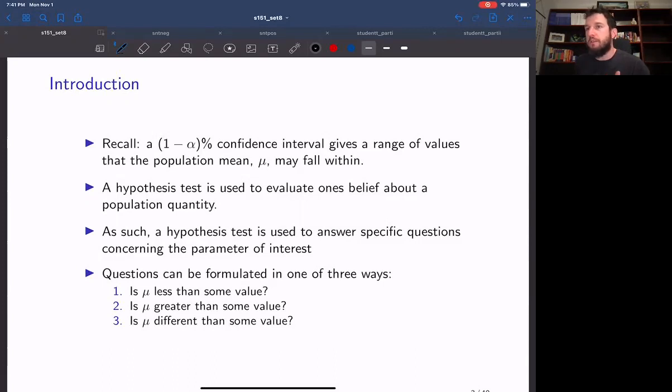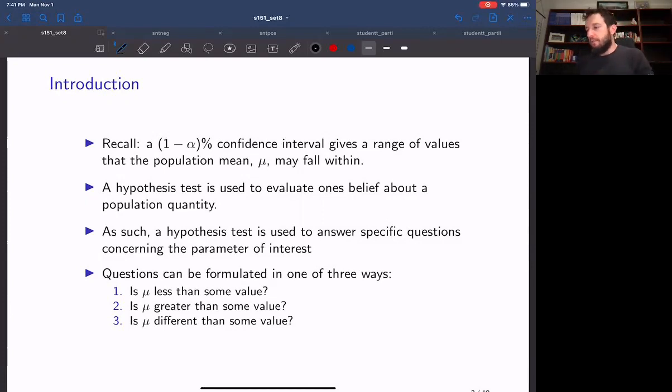To build the confidence interval, we use either a z-score or a t-value, and then we add and subtract our margin of error to the sample mean. And then from that, we make our little conclusion about what the interval actually represents. This is done in 3 steps, and that's what we covered in lecture set 7.